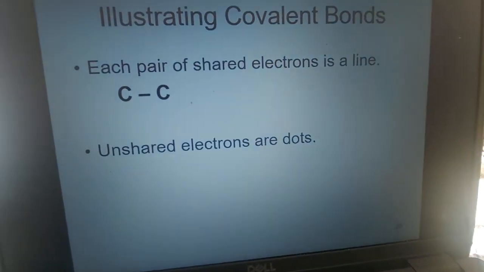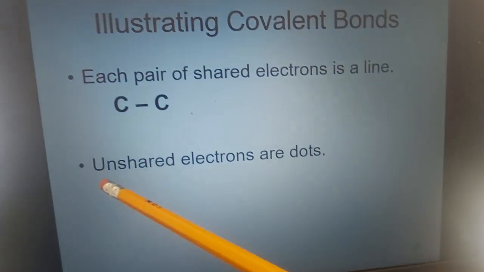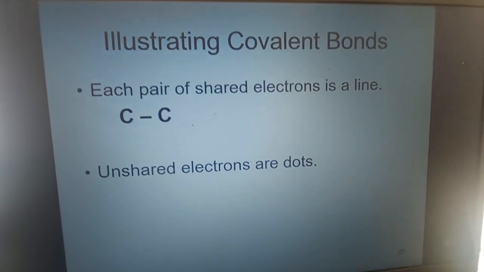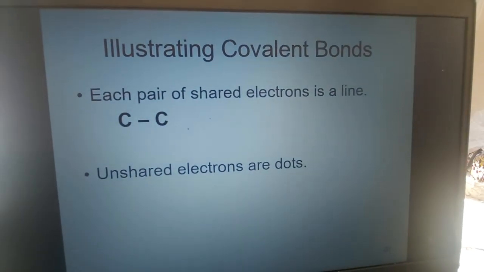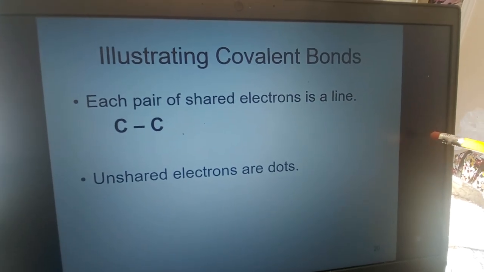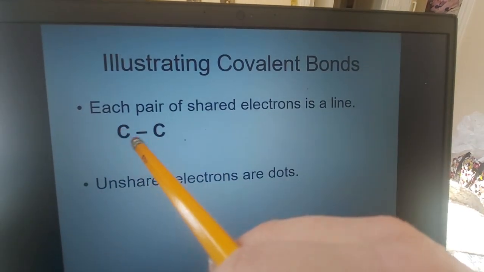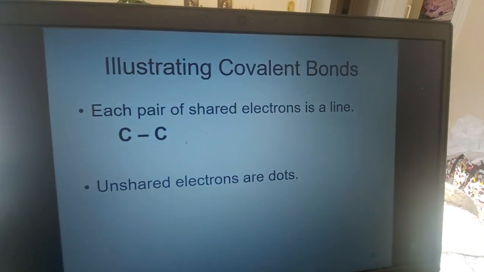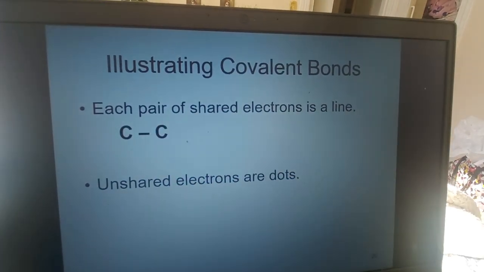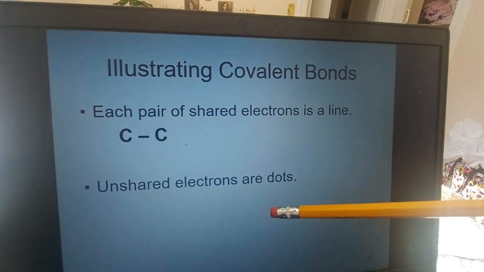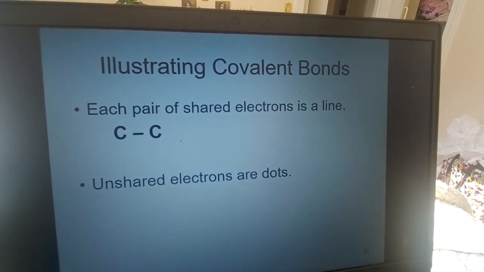To remind you, and this should be in your notes from the other day, anytime you see a line like this, it represents a bond. These are shared electrons, and a line represents 2 electrons, and unshared electrons are represented as dots.